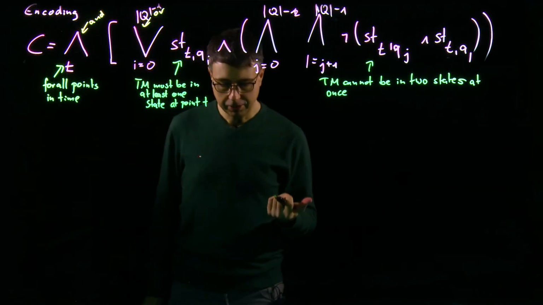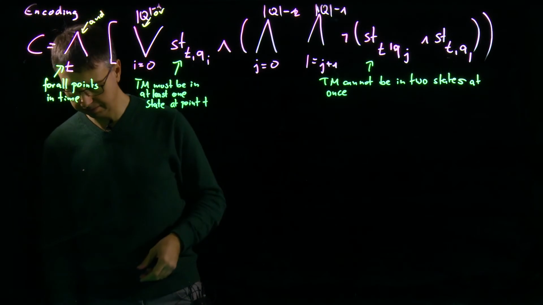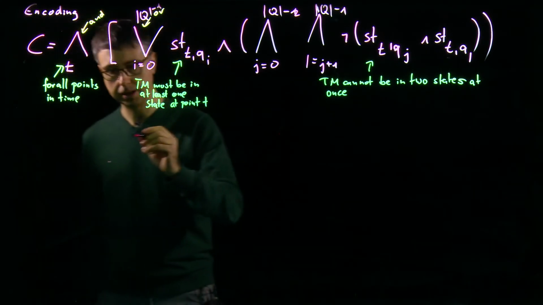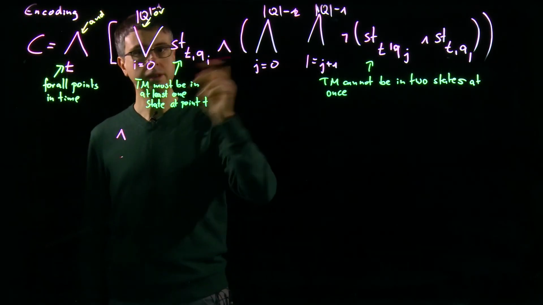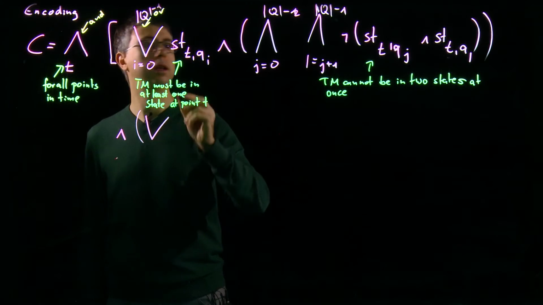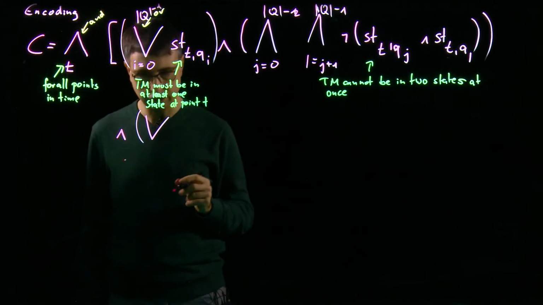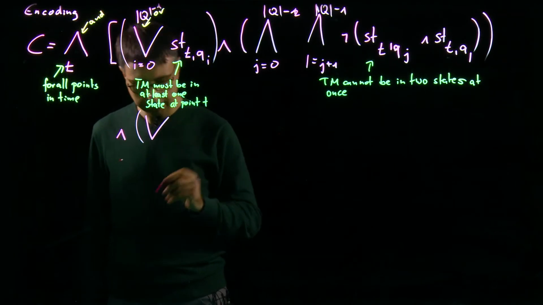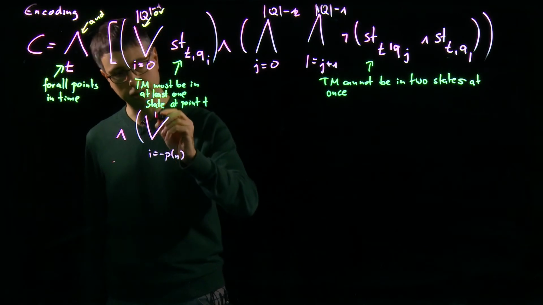We have to do the same for the position. So for the position we have to add that the Turing machine is in one position. So we'll add, I put parentheses around, we'll add for each position. The position starts from minus p of n and goes to p of n.